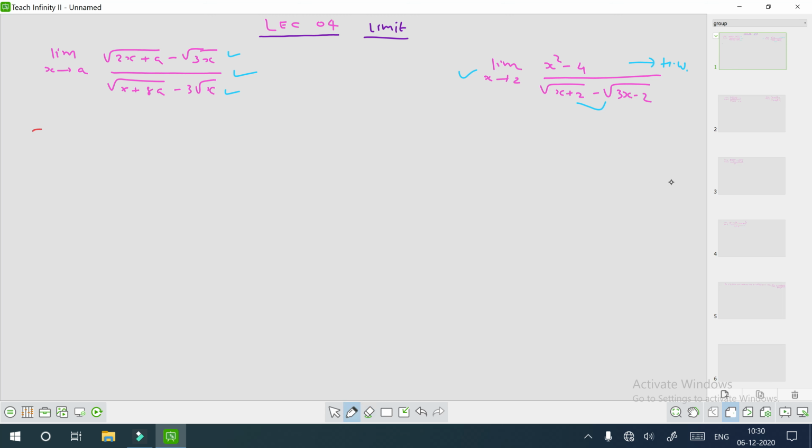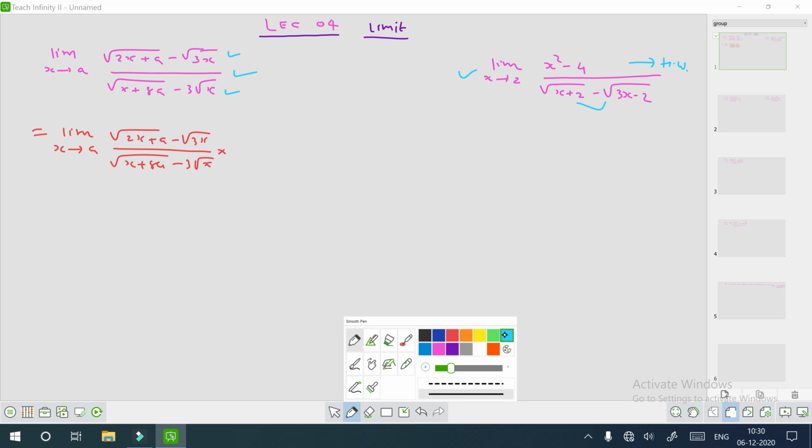See, that is equal to, can I write, limit x tends to a, root 2x plus a minus root 3x over under root x plus 8a minus 3 root x, into, let us see, rationalize numerator.